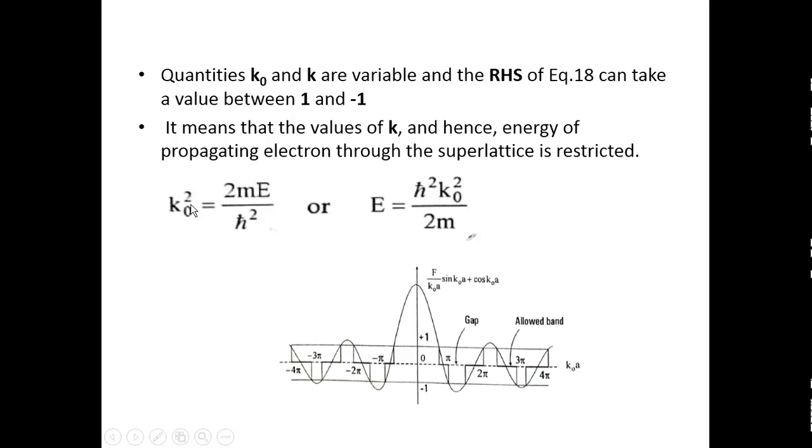So k0 square is equal to 2mE by ħ², or E is equal to ħ² k0 square divided by 2m.